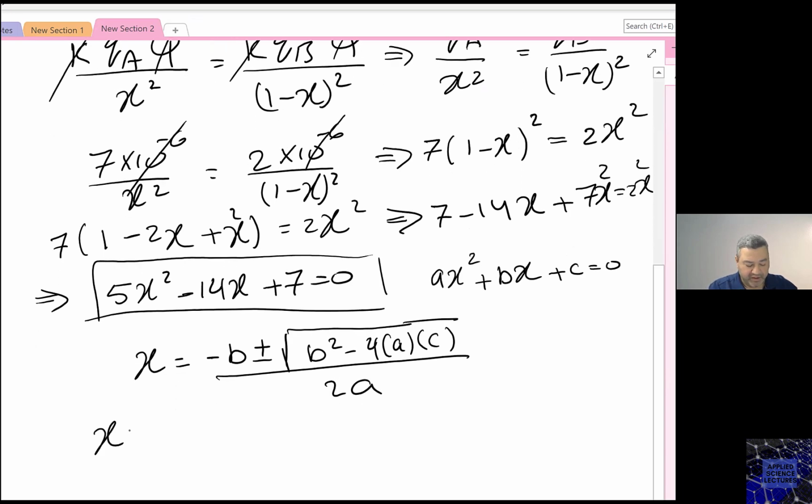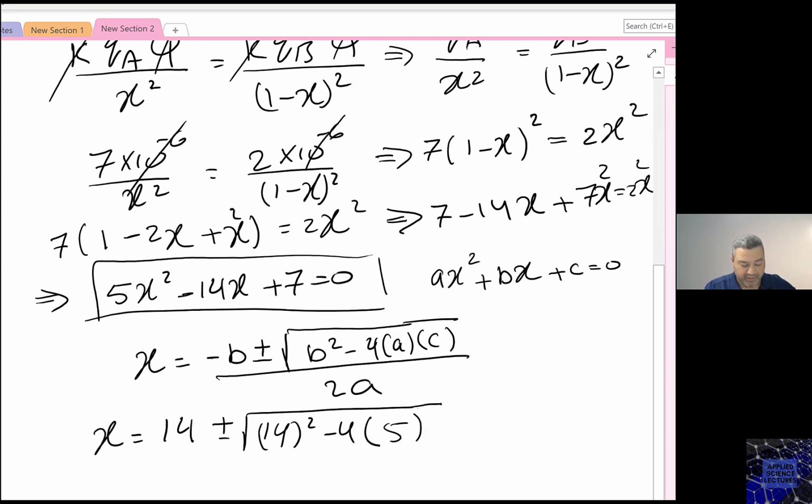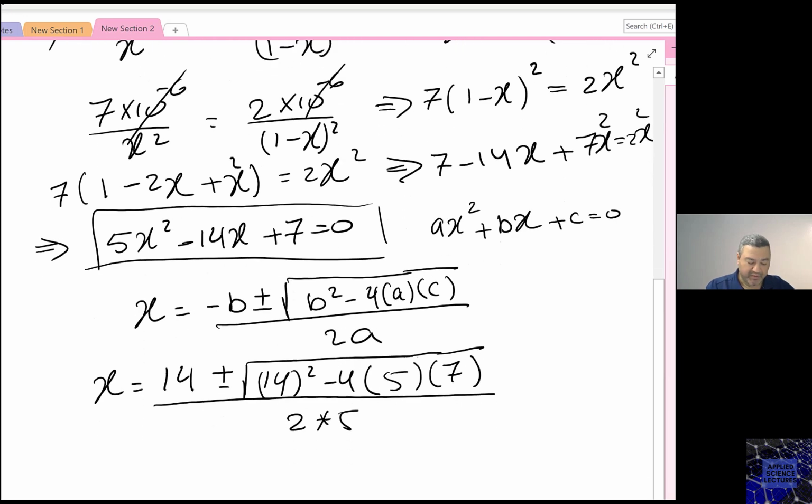So X is 14 minus B plus or minus square root of 14 squared minus 4 times 5 times 7, divided by 2 times 5.